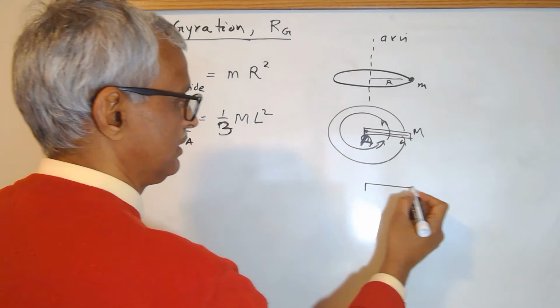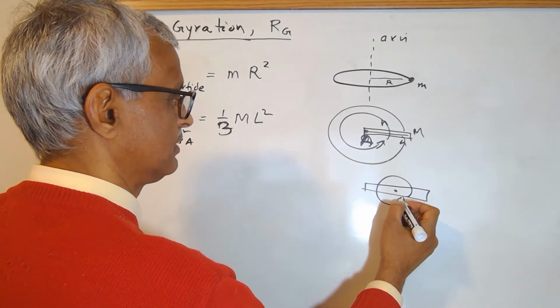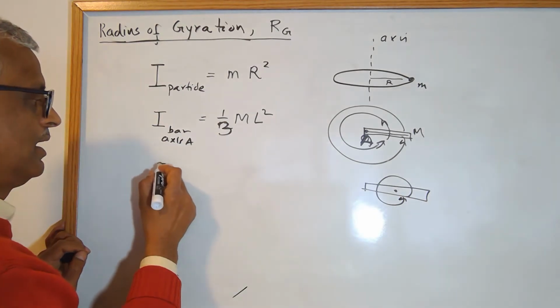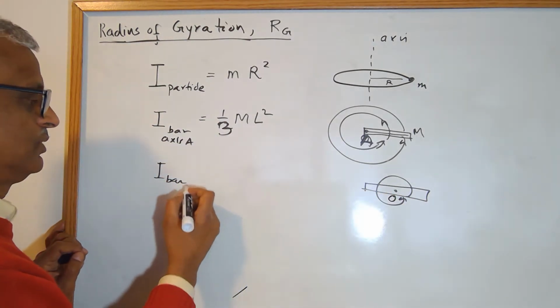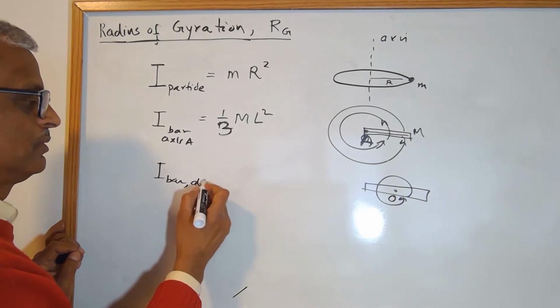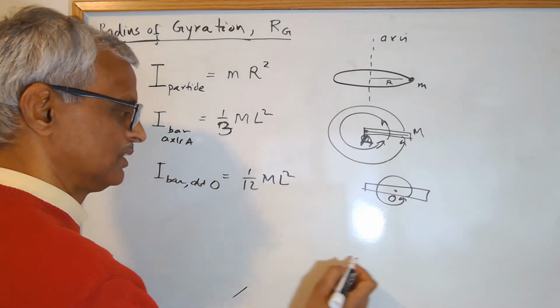When the axis is at the center, I'm going to rotate about that. Then I of the bar about the center of mass O is 1 over 12 m L squared.